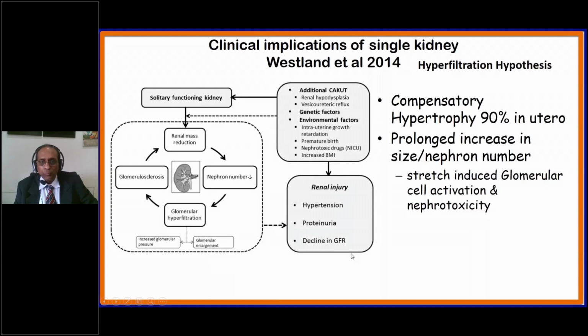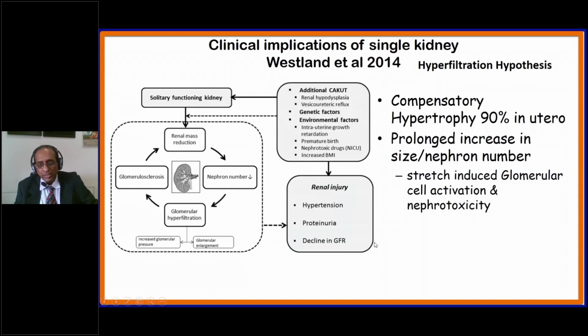Now, we may believe that having one kidney and the bladder functioning with normal liquor will have a normal outcome. It's important to remember that the other kidney can undergo compensatory hypertrophy in almost 90%. There is also a prolonged increase in the size and nephron number.